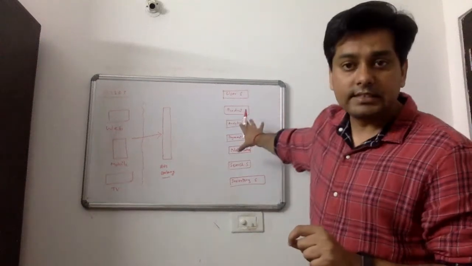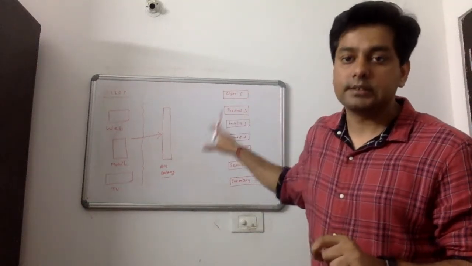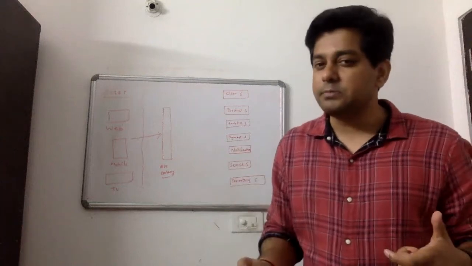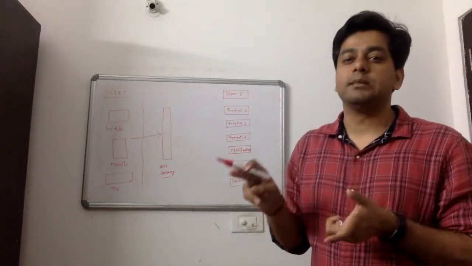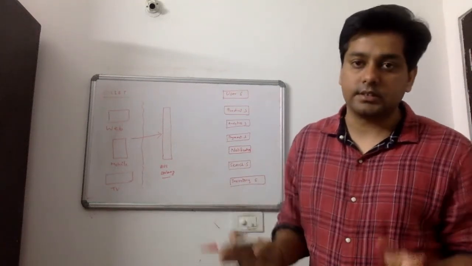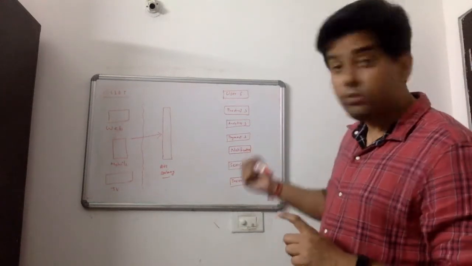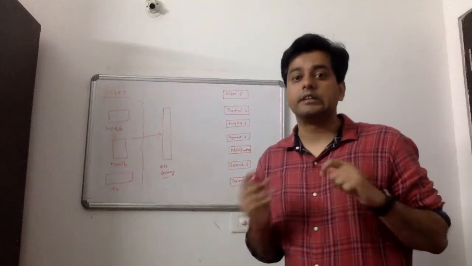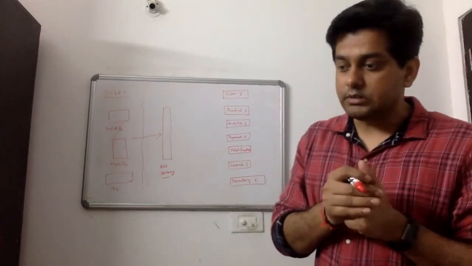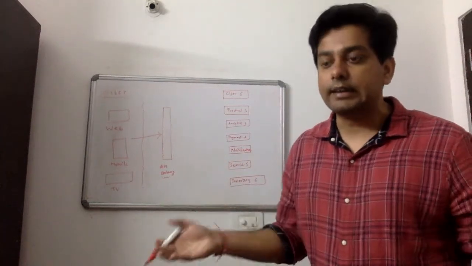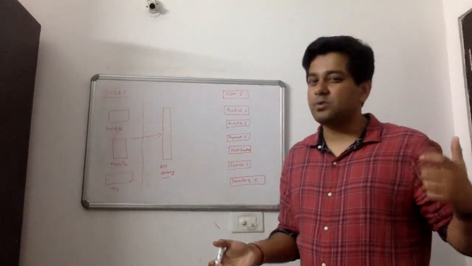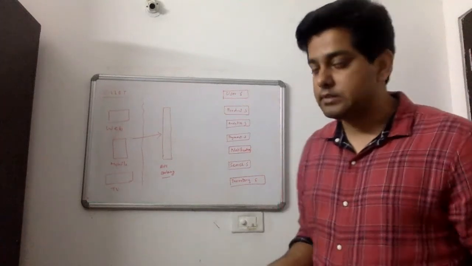So obviously these services have to be deployed on servers, and those servers need not be in a single place. They have to be distributed across the continents, and we want to make sure that one server doesn't get too much load. Load has to be distributed evenly. So we must want a load balancer.